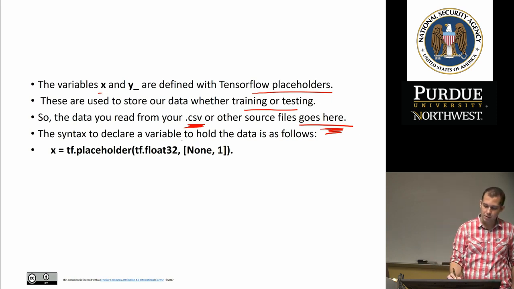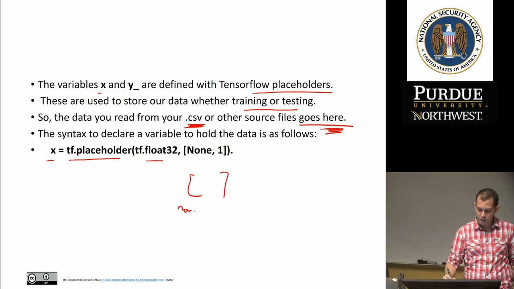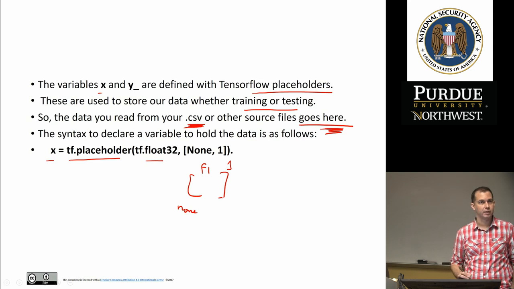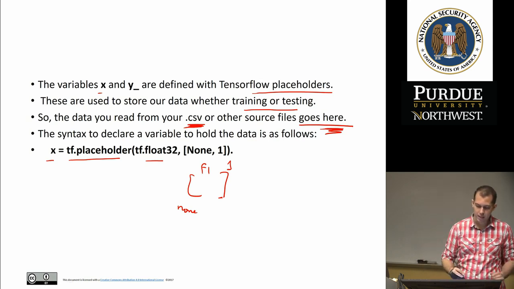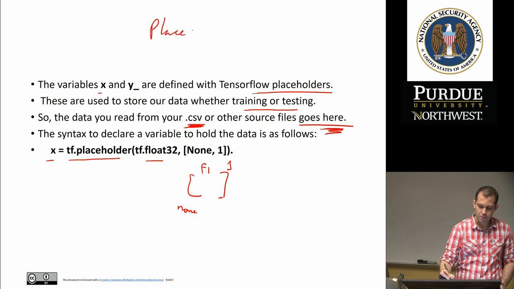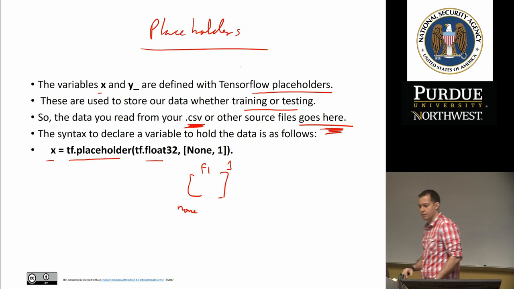The syntax to declare a variable to hold the data is as follows. As you can see, tf.placeholder x of float type, and these were the dimensions: None because you don't know the number of samples, and in our case 1 because we only had the one feature, square footage. So that is placeholders in TensorFlow.